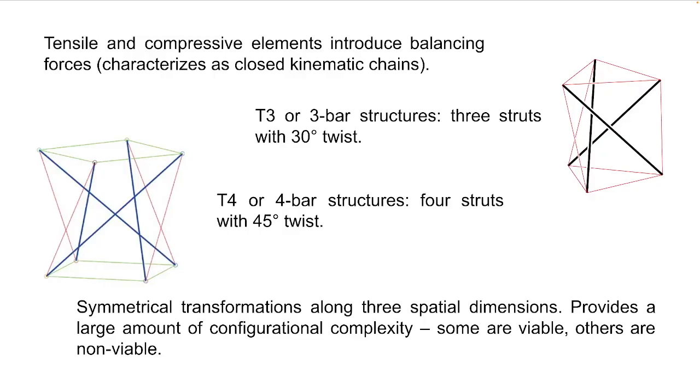And as you might imagine, because we can model this in time and there's all this constant movement, it provides a large amount of configurational complexity. Some of that is viable and some of that is not viable. And this is the problem. This is almost like protein folding in the sense that it gives us this large configurational space that we have to sort through to find the most stable path through this conformational space, the most viable path.